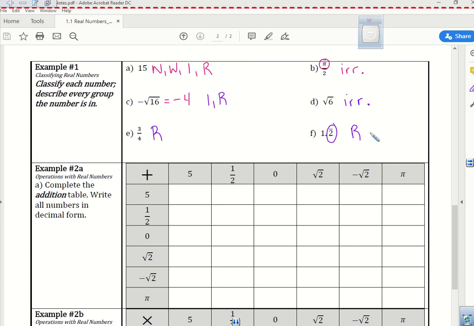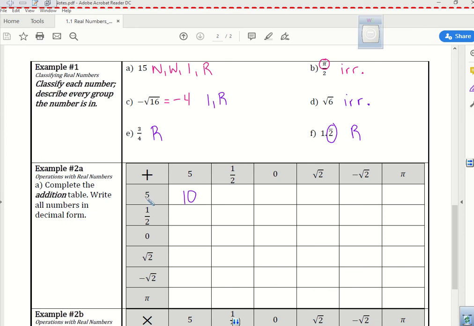All right, example 2a, complete the addition table. Write all numbers in decimal form. So this is like a multiplication table that you guys may have done in elementary school. So it's like 5 plus 5, which is 10.